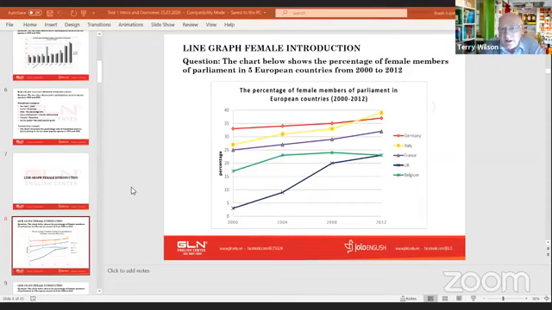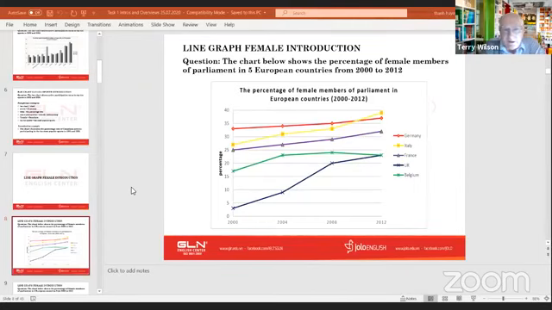And each line represents 5 different countries. So Germany, Italy, France, the UK, and Belgium. And the question is, the chart below shows the percentage of female members of parliament in 5 European countries from 2000 to 2012. So again, the question is fairly simple.